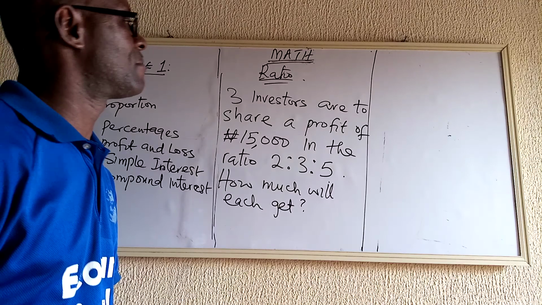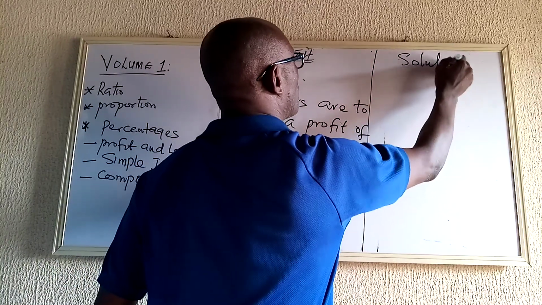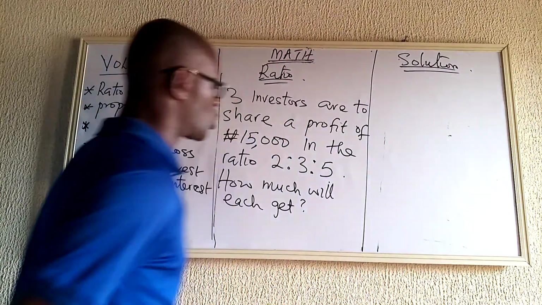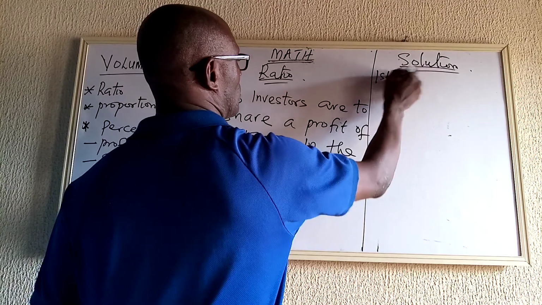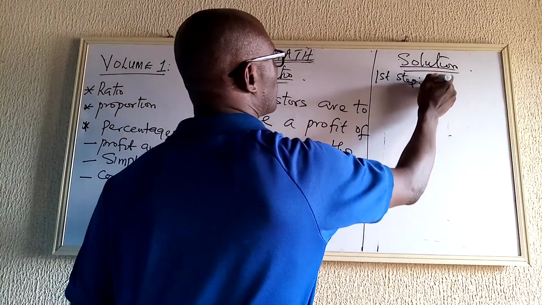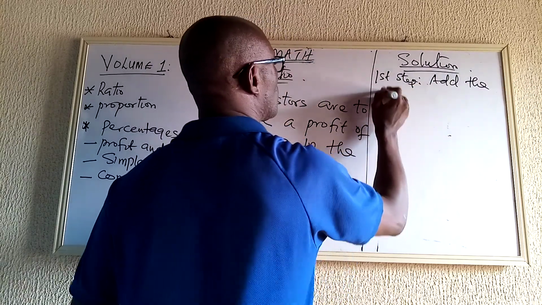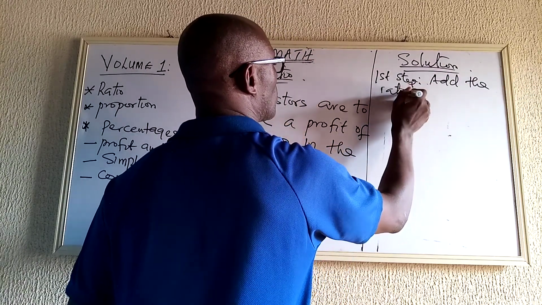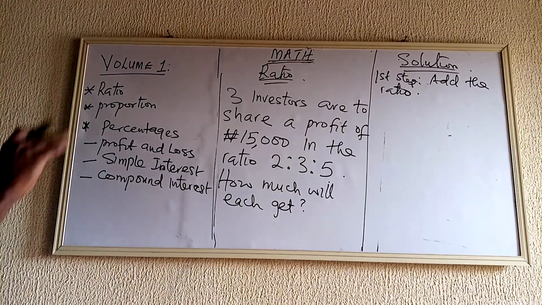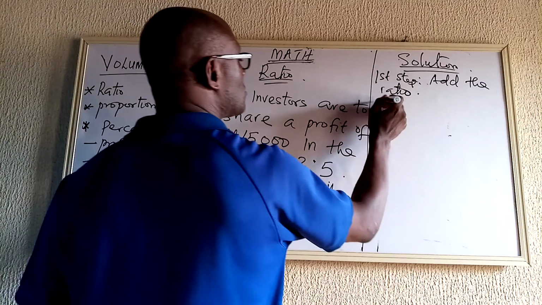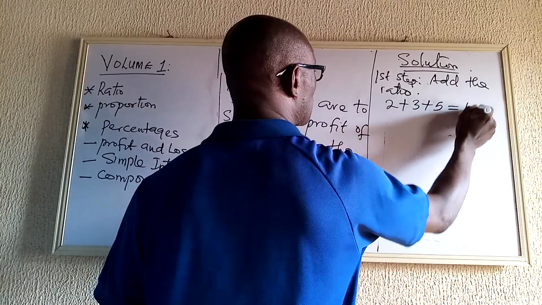The general way of solution. First step, add the ratio. In a general manner, that will be 2 plus 3 plus 5. That will give us 10.